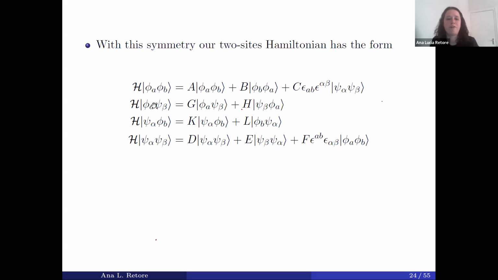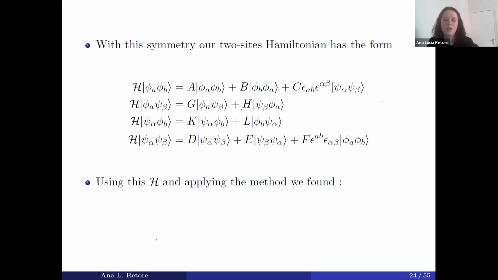If you act on phi psi, you get phi psi plus psi phi. These are the possibilities you have. If you want SU2 plus SU2, you can put these in a matrix and see how it looks. But these are the allowed operations you can do with your Hamiltonian if you want SU2 plus SU2. So you have 10 unknowns here.